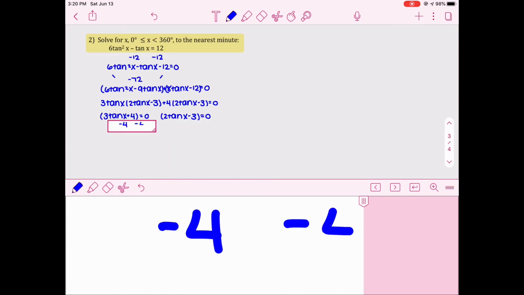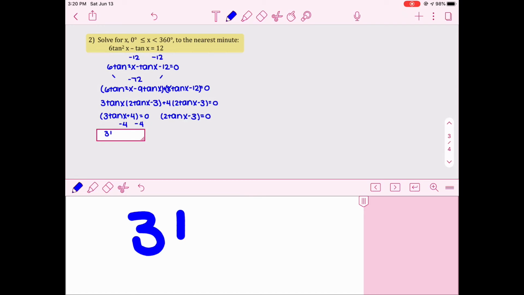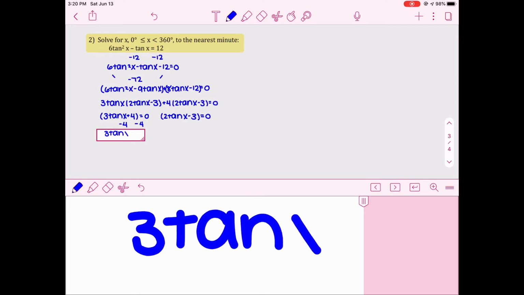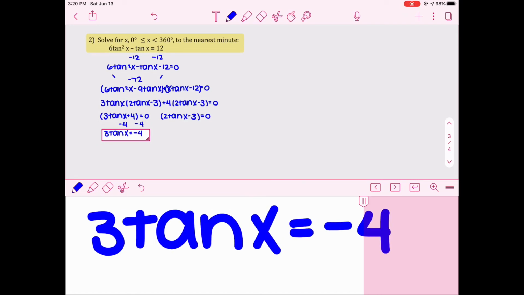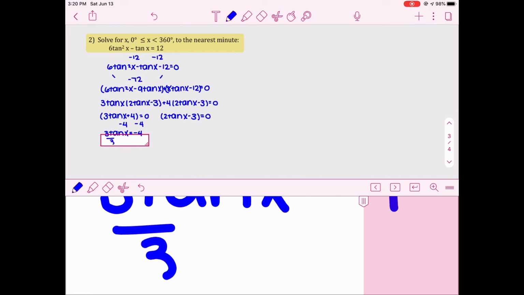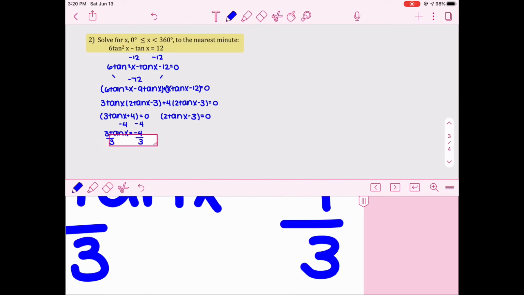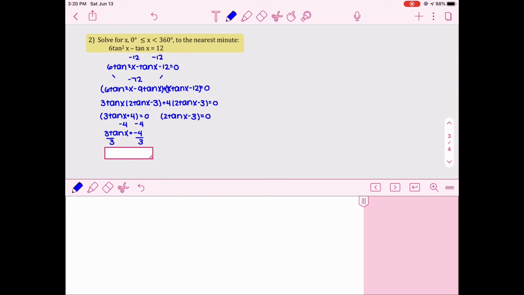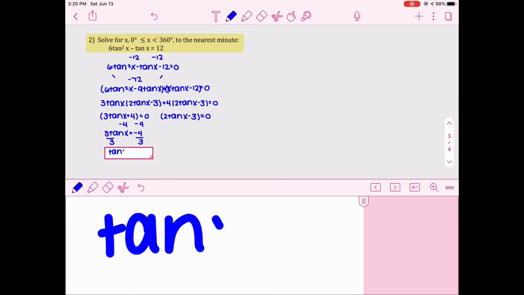We want to have tan alone, so we're going to subtract 4, which gives us 3 tan x equals negative 4. And then we're going to divide 3 on each side, which leaves tan x alone on the left side. So then it would be tan x equals negative 4 over 3.